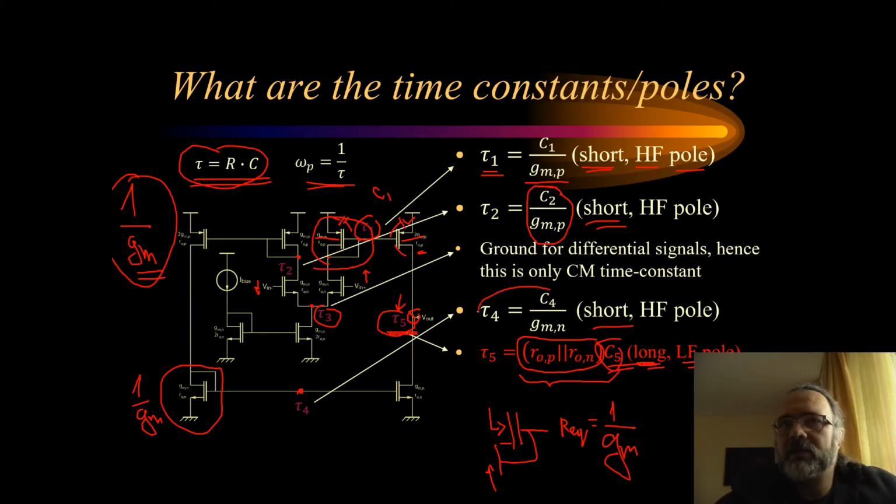The other time constants are short time constants because the equivalent resistance for their nodes is 1 over gm. They are set by the diode connected transistors, and this resistance is small. Hence the time constants are short, and the poles that are associated with these time constants become high frequency poles.